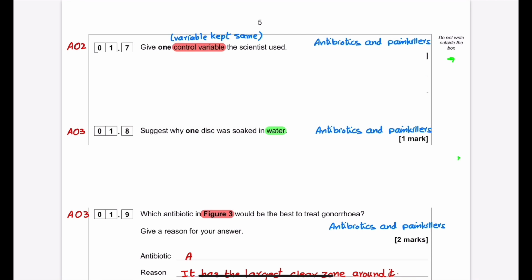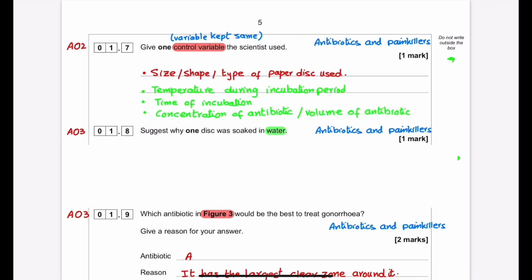Now we'll see our model answer. Size, shape or the type of the paper disc used. The temperature during the incubation period, the time of incubation, the concentration of the antibiotic, and the volume of the antibiotic used in this investigation.